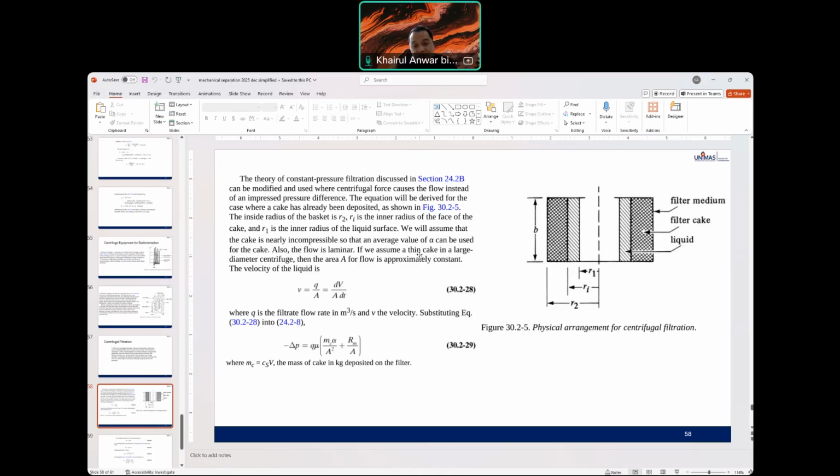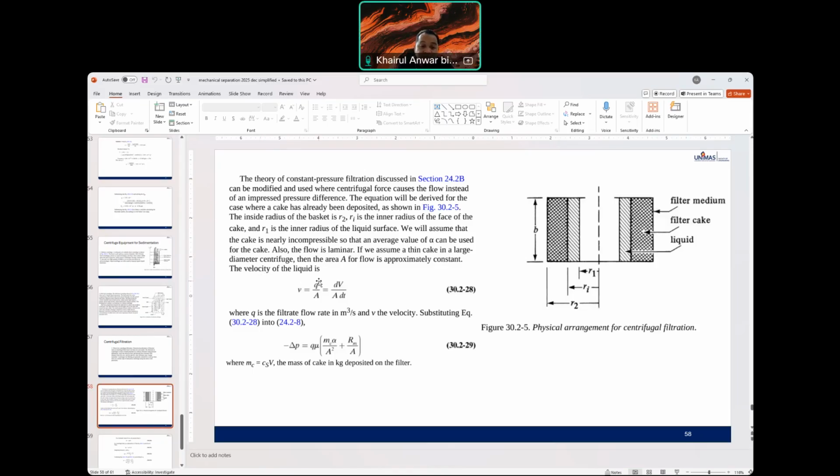So if the cake is very thin, then we can assume that the area for flow is constant, meaning we use the area of flow based on the filter medium, neglecting the area of the cake.